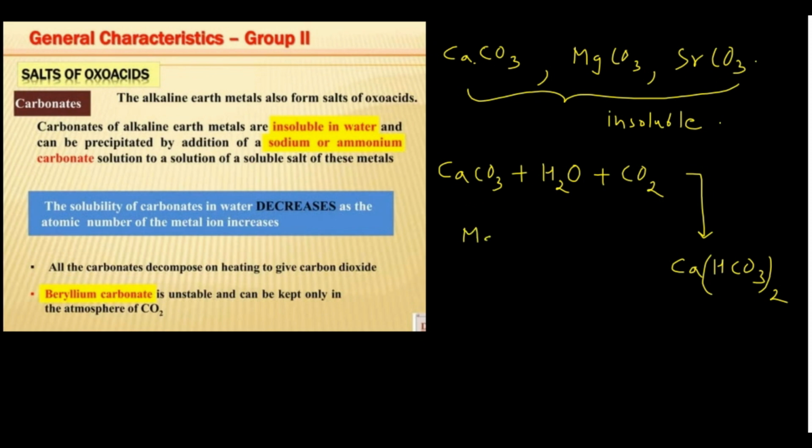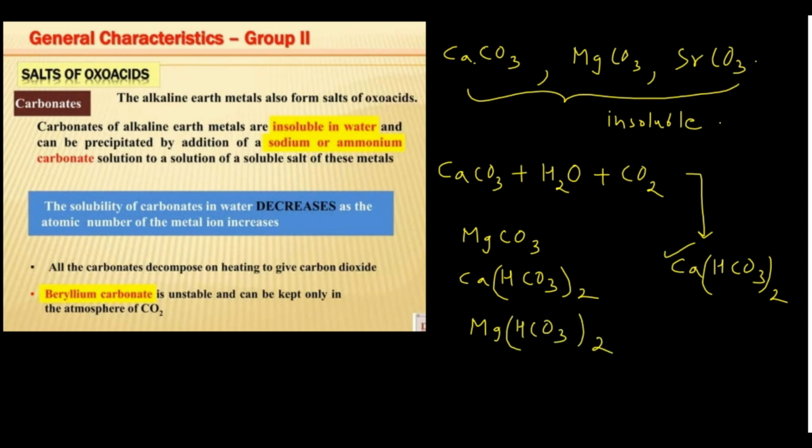Say you are having magnesium carbonate. Okay, this is something very, very important. And you may have your, say, calcium bicarbonate, which you have just seen here. Similarly, you may have the magnesium bicarbonate.